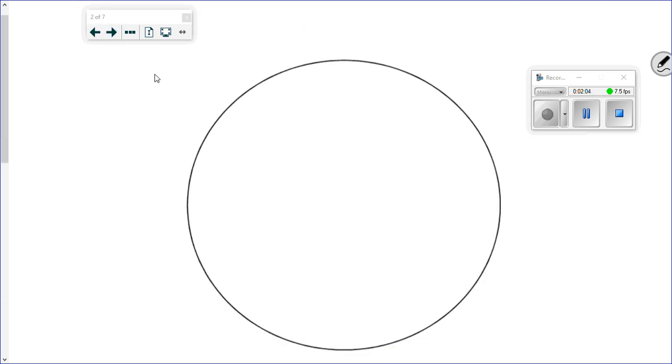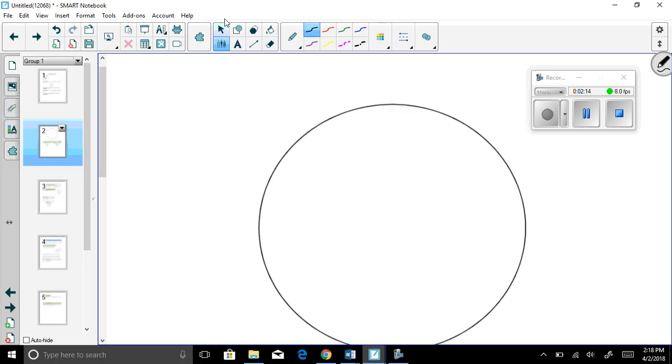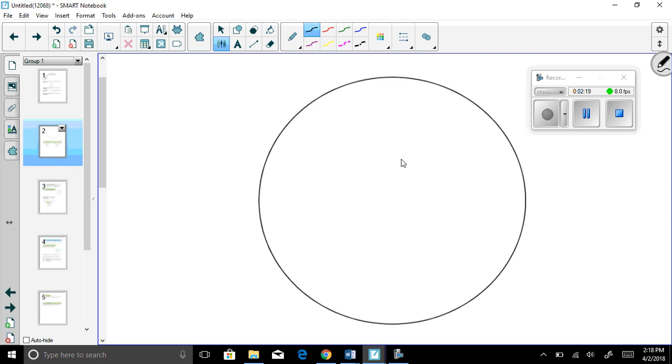So as we continue here, we're going to look at examples of these words that we just defined. And I'm going to go ahead and use another tool here that we have. Let's do a radius first. So the first thing, we want to have a center of our circle. So let's do our best to put a center there. Let's say that's the center. Let's call it circle C again.